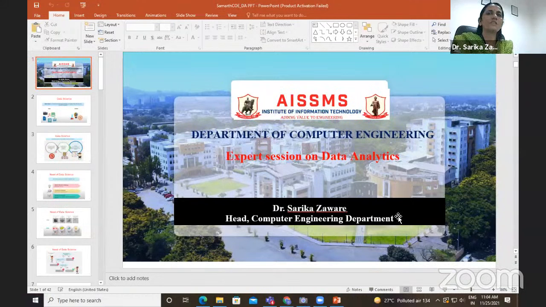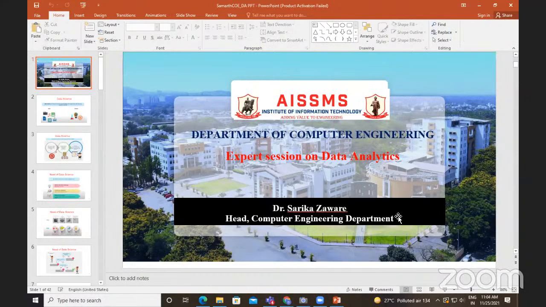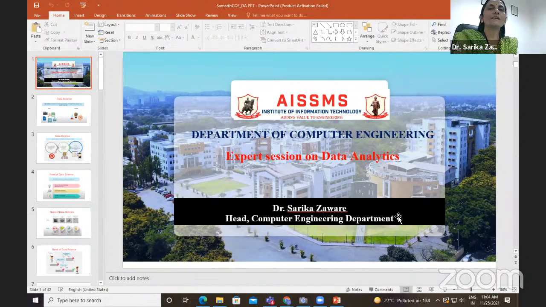First point which I would like to clear is that I'm not going to teach you the complete theoretical subject. Rather, I want to discuss some points with you: what exactly you understand about data analytics, what exactly this is, and why it is in the picture. From a long time we are working on data.